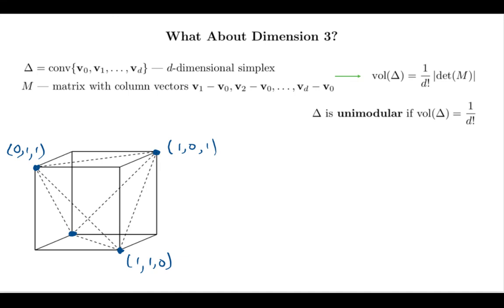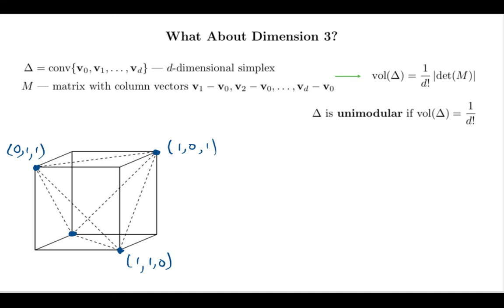Okay, let's compute the volume. Well, number 1, I want you to note that this tetrahedron has no interior integer point and as boundary points only the 4 vertices. So in particular, we cannot triangulate it any further. There's no way to decompose this into smaller lattice polytopes or lattice simplices.